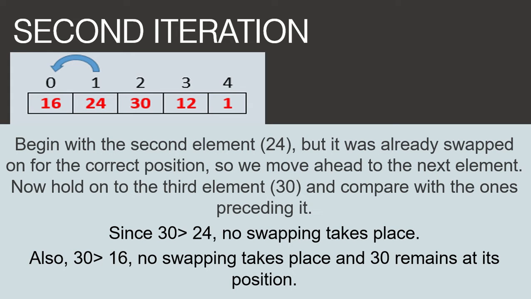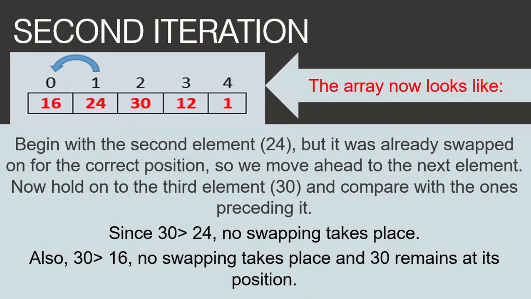Compare it with the one preceding it, which is 24. Since 30 is greater than 24, no swapping takes place. Also, 30 is greater than 16, so no swapping takes place, and 30 remains at its position.